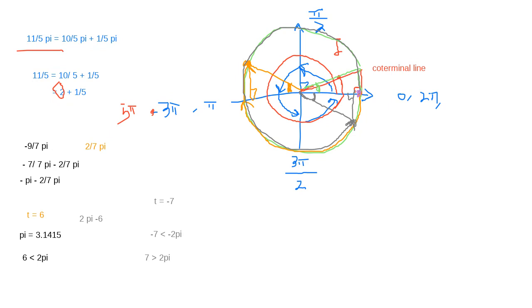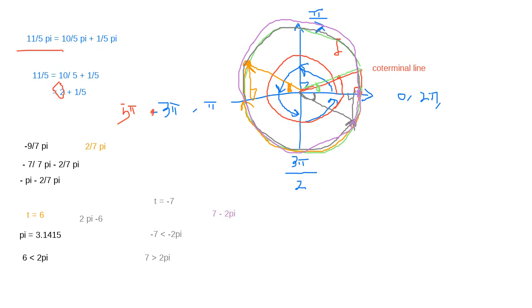Let's pretend we end up somewhere here. So we see this triangle. And then what's the reference angle? The reference angle is just this one, 7 minus 2 pi.